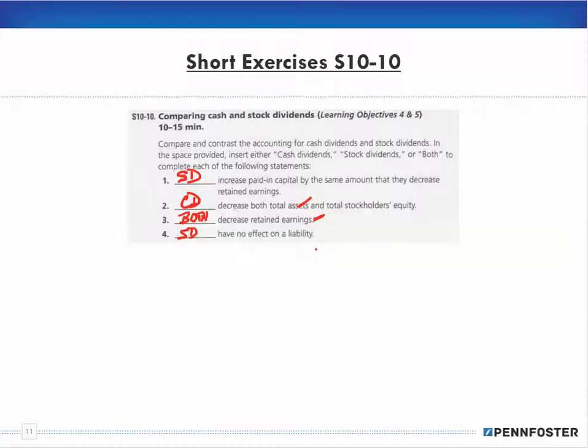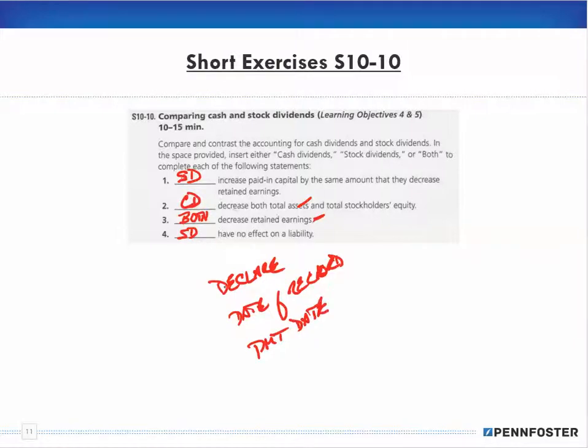There is no liability, whereas with the cash dividend, you declare the dividend, all right? Then you have the date of record, which is anybody who's on record as of that date will get paid the dividend, all right? And then of course you have the payment date.